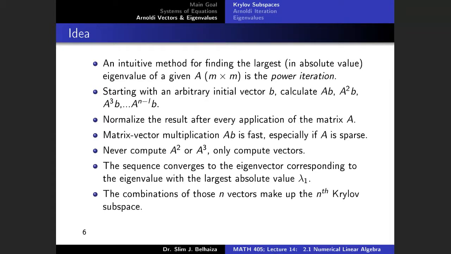The next iteration is to normalize the result after every application of the matrix A. So with matrix vector multiplications, if this multiplication is fast, things go well.